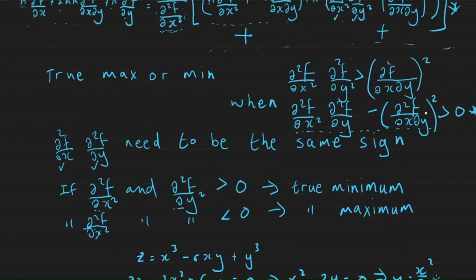So we use this inequality that I am indicating here. We determine the second derivatives with respect to x and y, multiply them together, then subtract the mixed partial, and then we check if it's greater than 0 or less than 0. If it's greater than 0, it means that there is a true maximum or minimum occurring at that point.